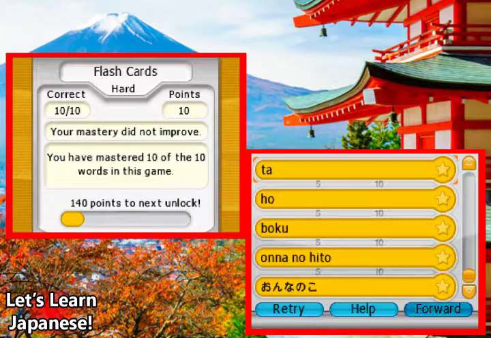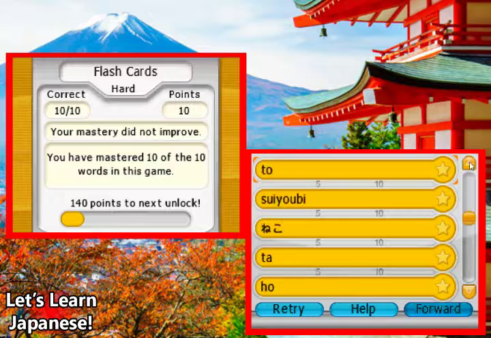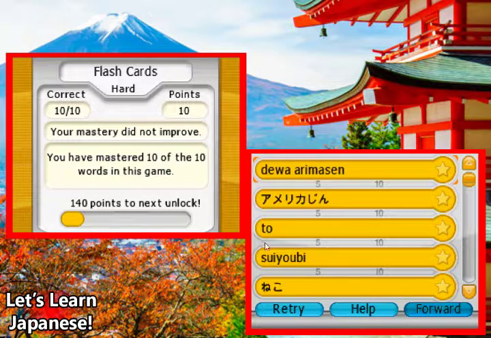I think that one is more useful. The issue with these lessons is that it throws in your hiragana in there. So, for example, to here is also a particle for, like, a conjunction. So having it just as a lesson, like, can you recognize this character?